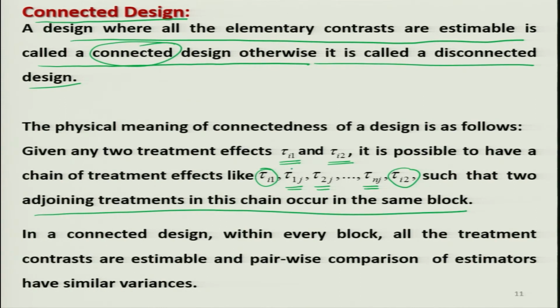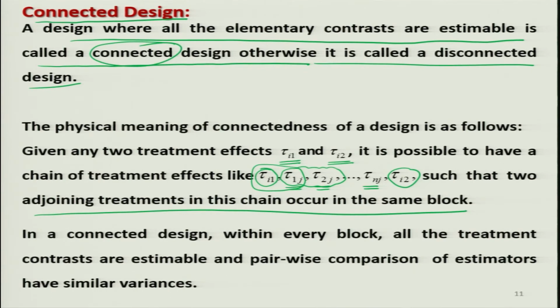That means tau_i1 and tau_1j occur in the same block, tau_1j and tau_2j occur in the same block. Do you remember that when you are trying to conduct the experiment, you are always trying to give the treatments to different blocks, and you are saying that two adjoining treatments are in the same block.